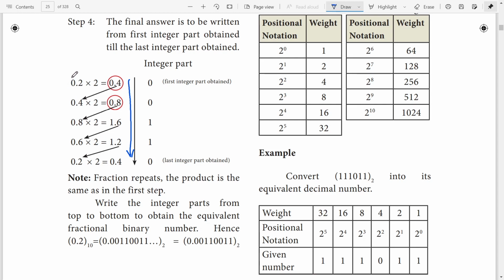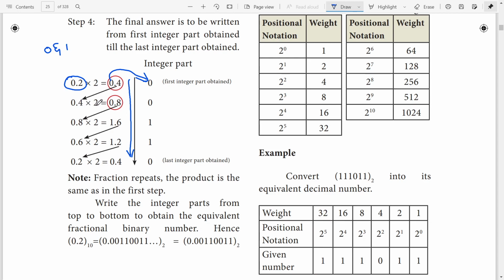So now we are going to convert 0.2 to binary. Binary has only two values, 0 and 1. For this, you multiply 0.2 by 2, which gives you 0.4. Write 0 here and carry only the decimal part, that is 0.4.